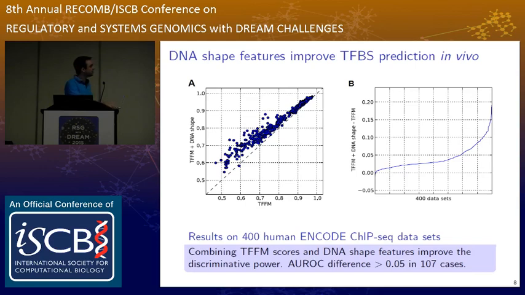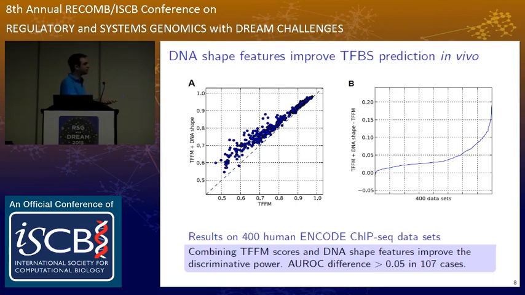And then here you have the accuracy that you obtain by using the DNA shape information in the classifier. And so what you can see is that all the points basically are here on this upper left-hand side, showing that when you use DNA shape information, you increase the predictive power of your model for discriminating ChIP-seq bound regions from genomic background.